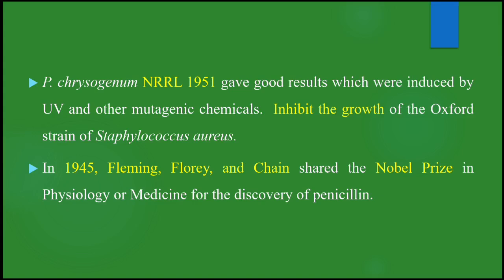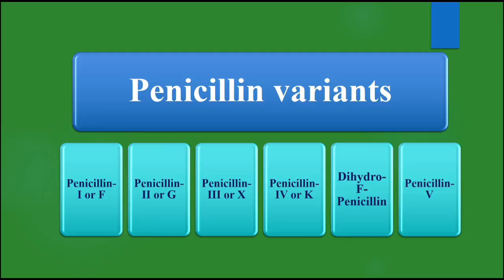These selected strains produced a huge amount of penicillin and inhibited the growth of the Oxford strain of Staphylococcus aureus. In 1945, Fleming, Florey, and Chain shared the Nobel Prize in Physiology or Medicine for the discovery of penicillin.